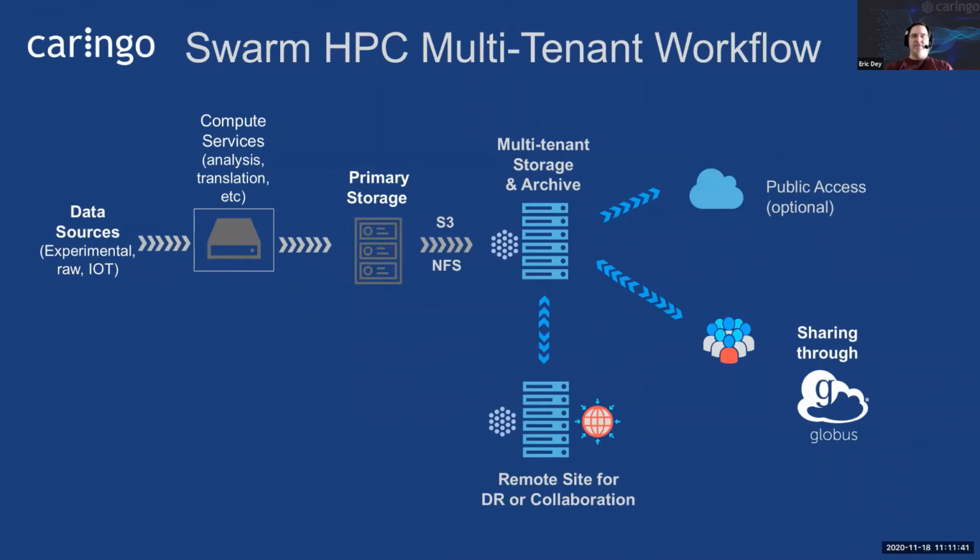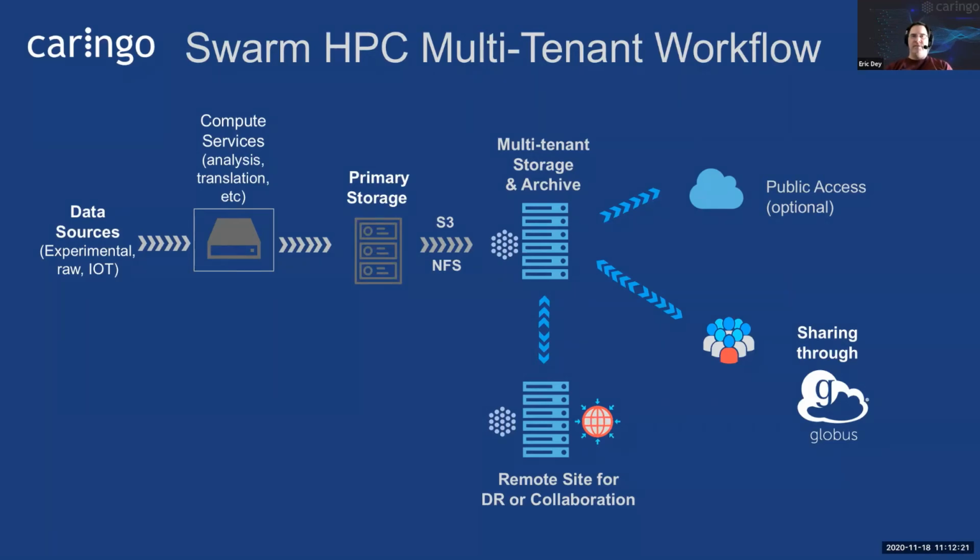And so to give you an example of a pattern that we see in HPC, starting from left to right here, you're producing data through some sources, typically instruments. Those go into what's labeled primary storage on here, but really it's usually the storage that is local to the device or local to the place where something's being captured or produced, but then very quickly offloaded into the preferred and distributed storage solution there, and that is ours.